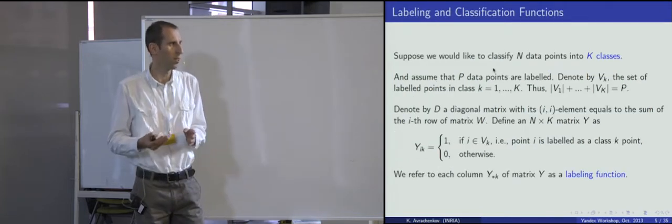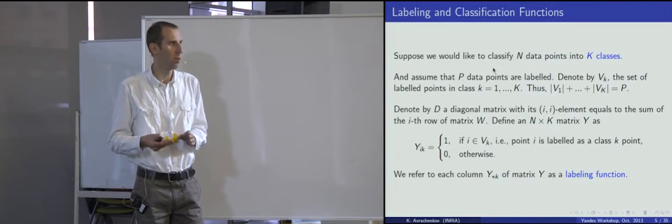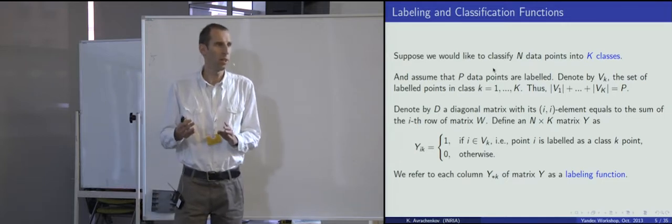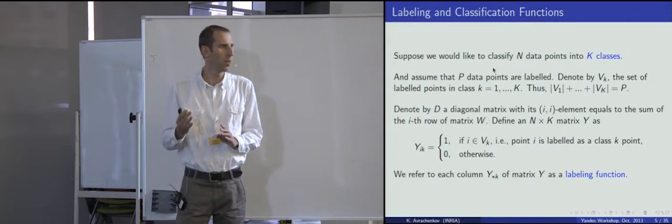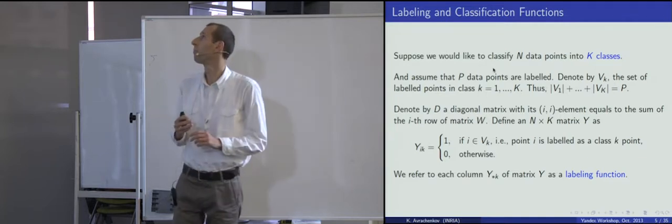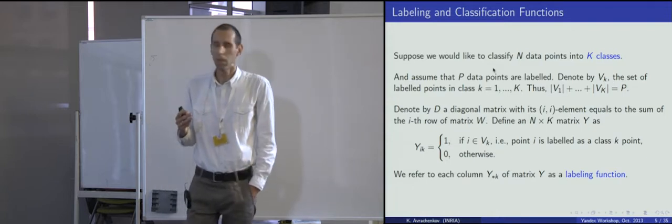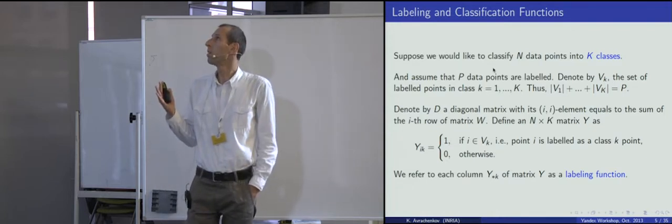So, just to be a bit more formal, we want to classify data in K classes, and we have capital N data points. And suppose capital P data points are labeled.